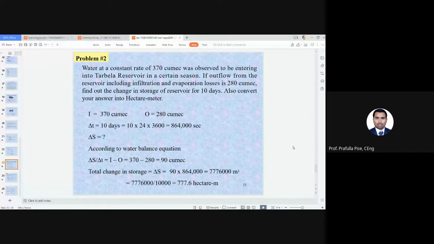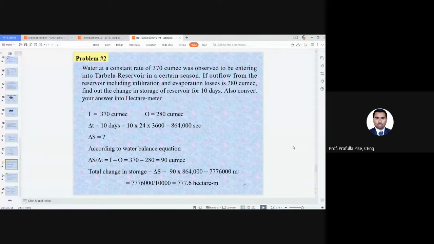Now in the problem they ask you to give your answer in hectare meter. Hectare is a unit of area and meter we can consider as a depth. 1 hectare equals 10 to the power 4 square meter.